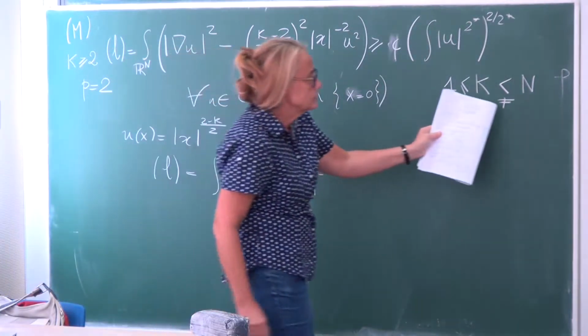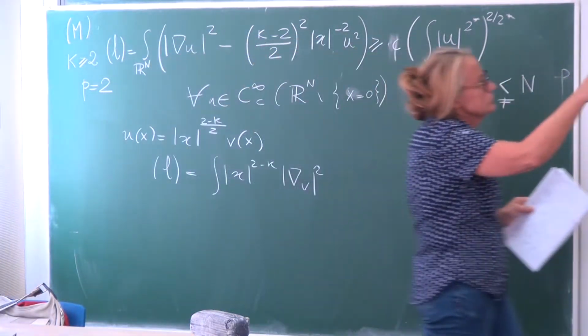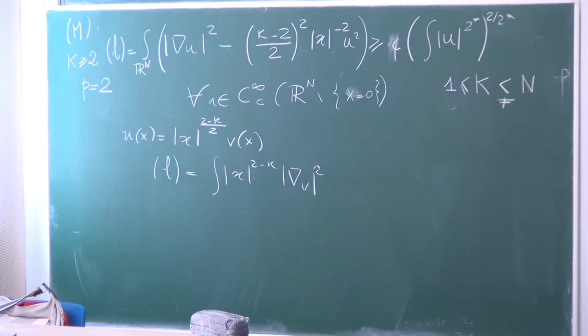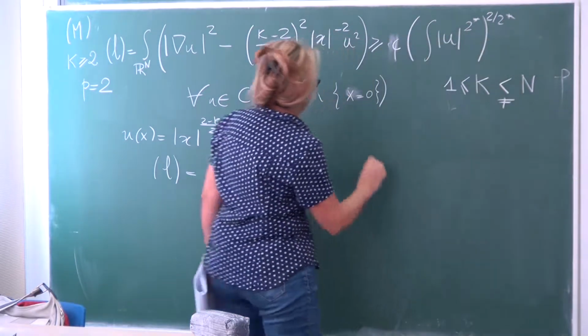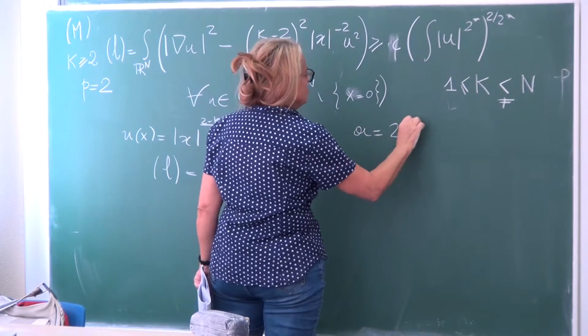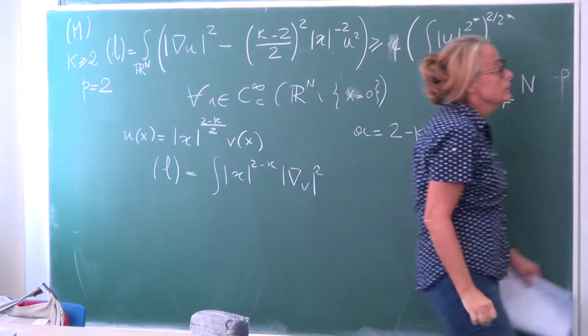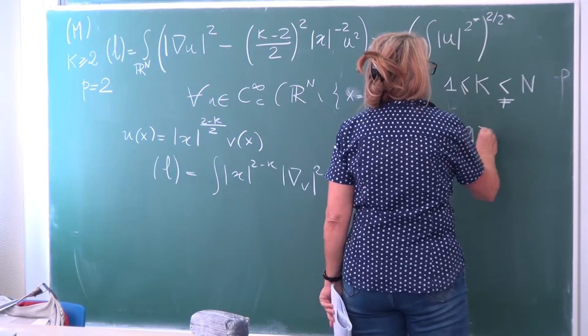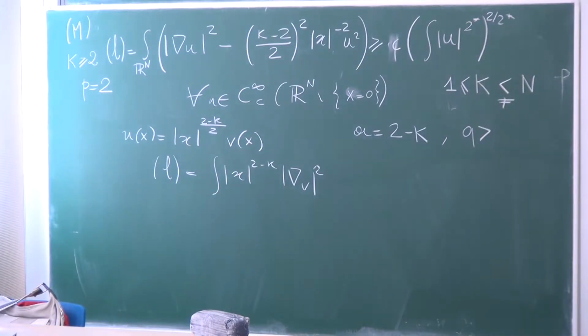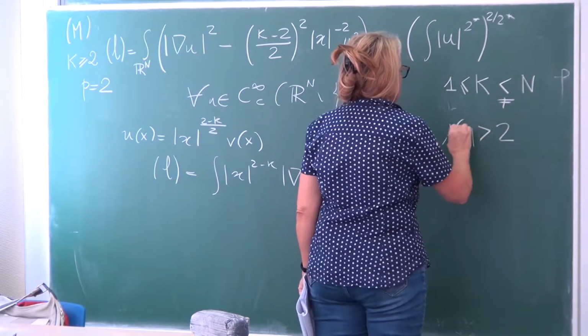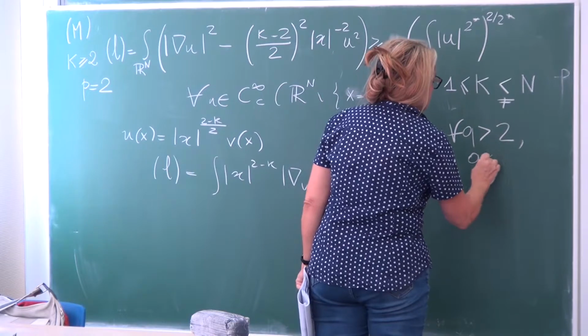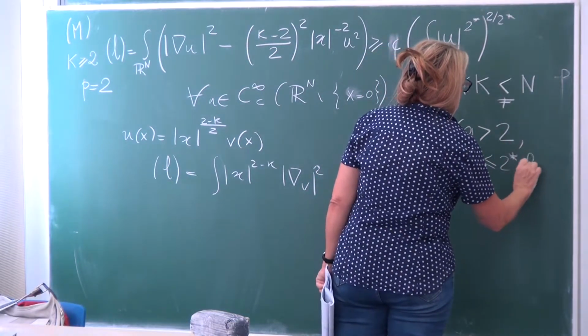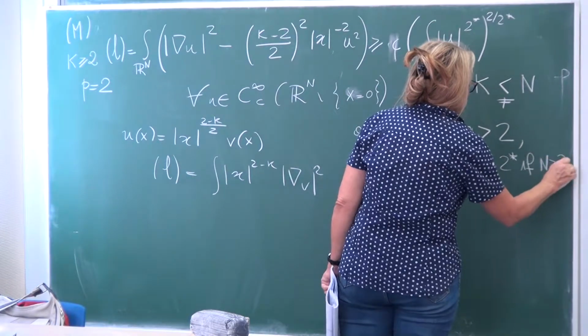If k is strictly smaller than n, then you are allowed to take a equal to (2 minus k) over 2, and you can apply this theorem for any q that is strictly greater than p, that is than 2, and of course q smaller or equal than 2 star if n is greater or equal than 3.